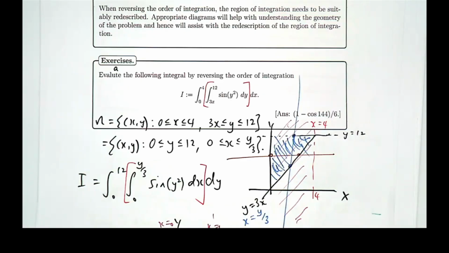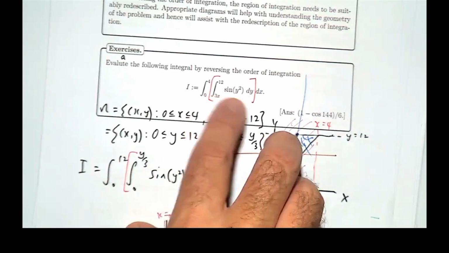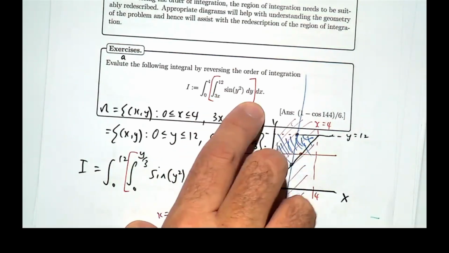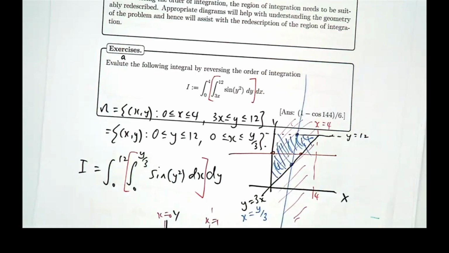Get well soon. All right, so this is a very important skill for this course. And the motivation behind it is you can't do that inside integral in the regular inside-outside way. So we flip the order.